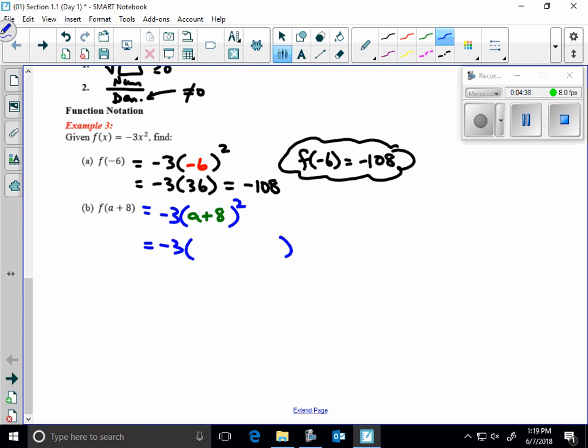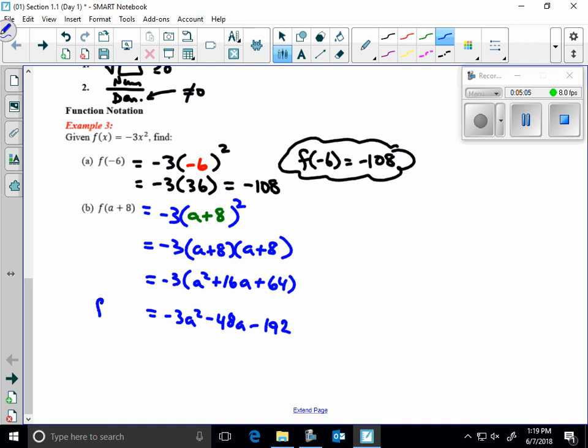So if I foiled, this is a plus 8 times a plus 8, which we would get -3 times a squared plus 16a plus 64. And then we'd go ahead and distribute, and we'd get -3a squared minus 48a minus 192. That would be f of a plus 8.